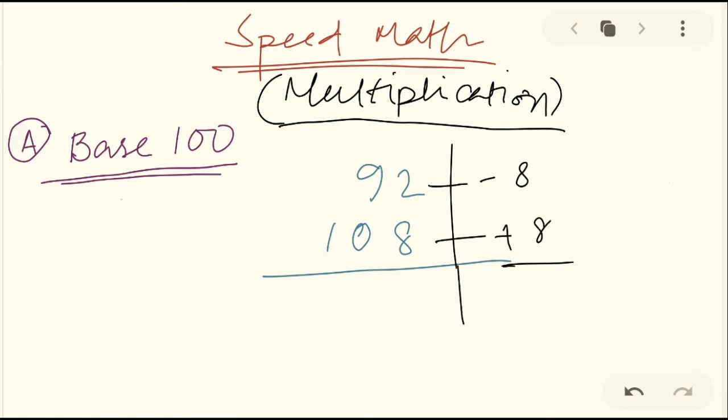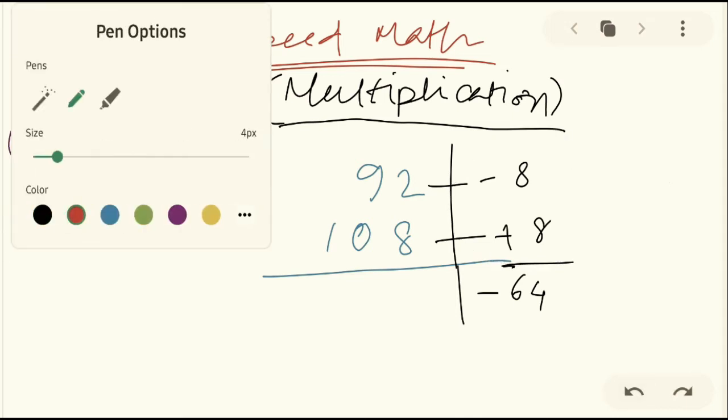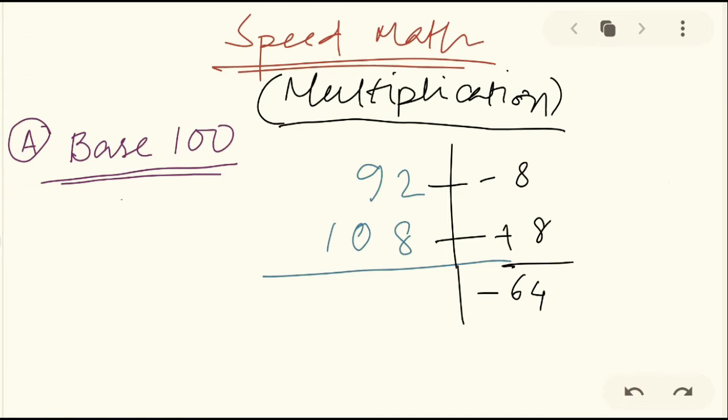So it will be minus 64 while multiplying these numbers. And the cross term is the same: either you can do 108 minus 8, or 92 plus 8. It will give the same result, 100.